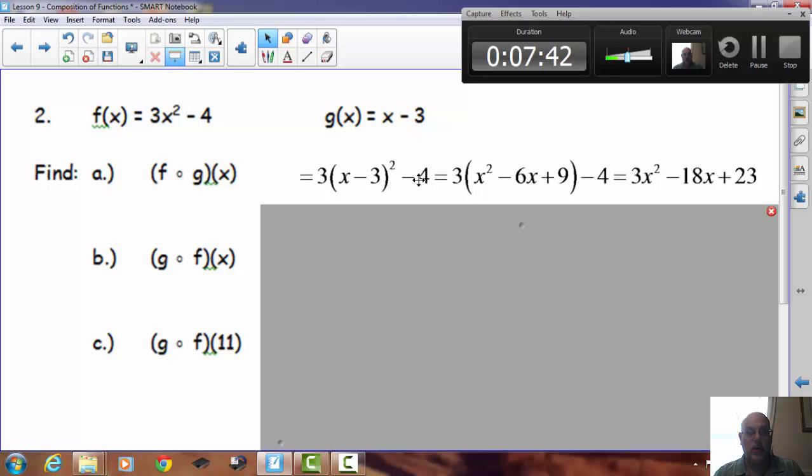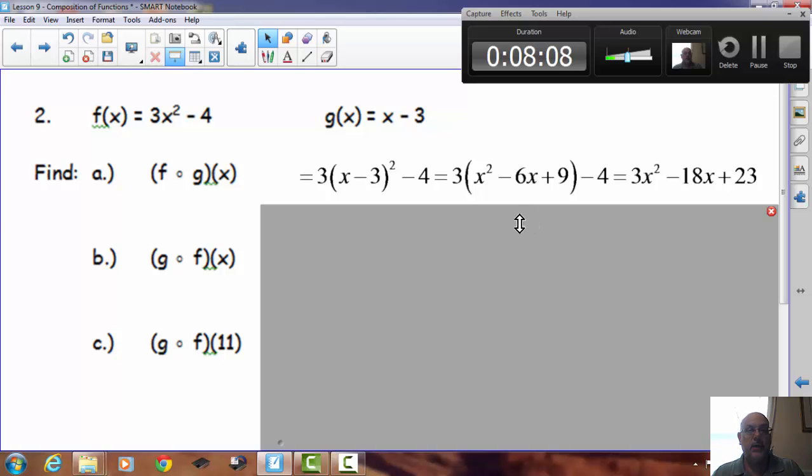X minus 3 times x minus 3 is x squared minus 6x plus 9. Remember, we're dragging that 3, multiply everything by 3. Don't forget to subtract the 4 at the end after you've done distributing the 3. Final answer is 3x squared minus 18x plus 23.